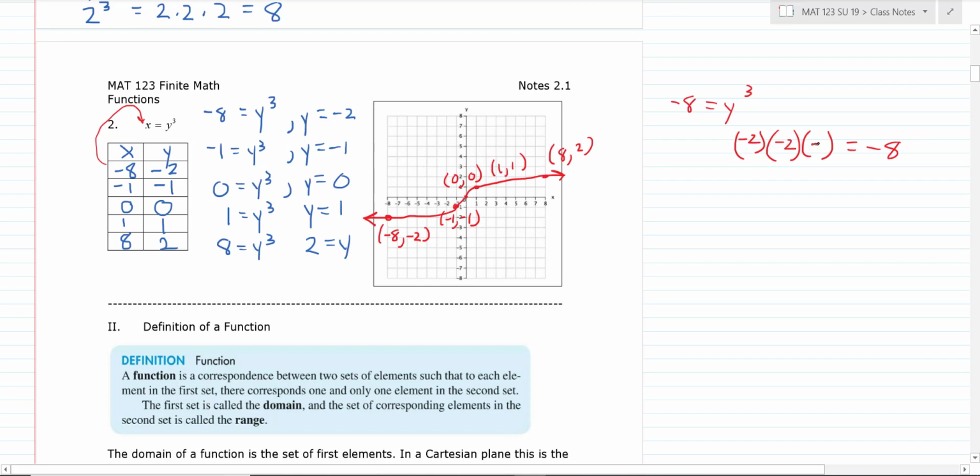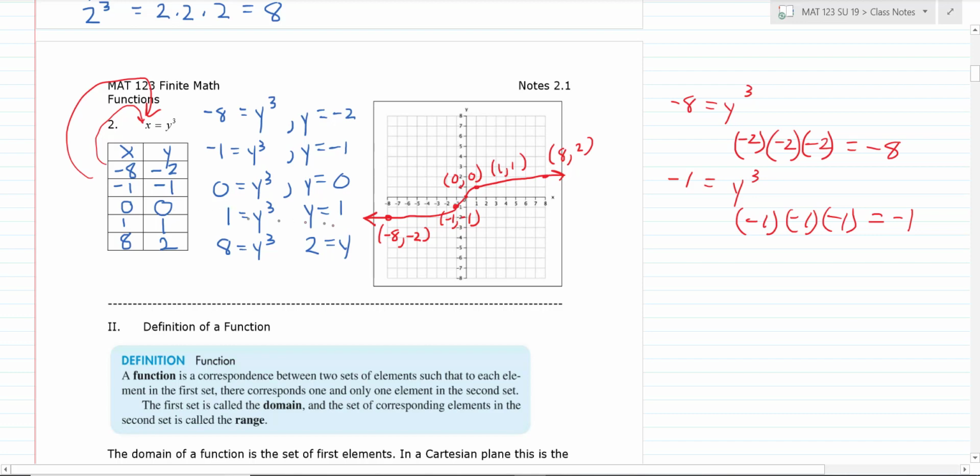That number is -2. So you kind of can work backwards and figure that out in your head. Then if you plug -1 in, you get -1 equals y to the third. So again, you're thinking of what number do I multiply out 3 times that gives -1? That number is -1. Okay, so that's how you can do that.